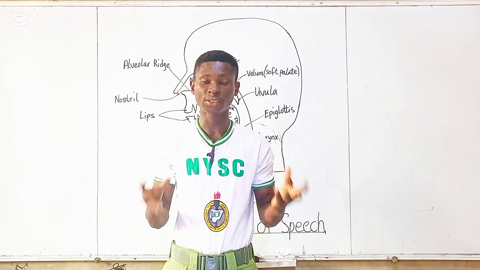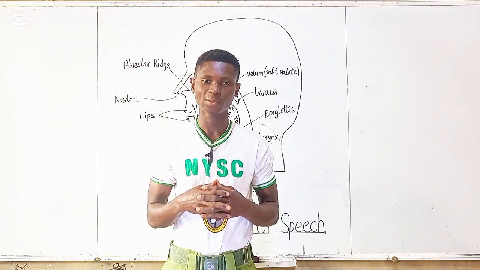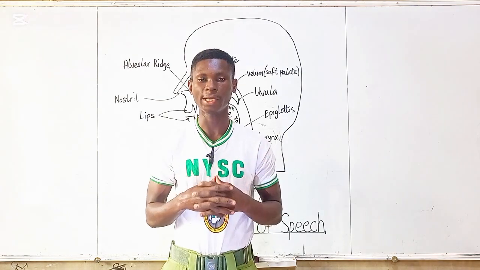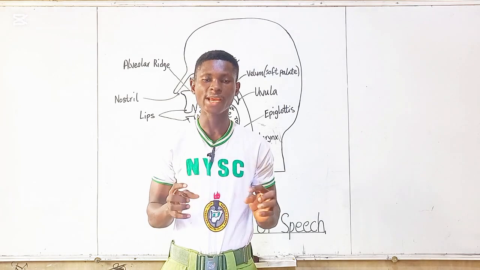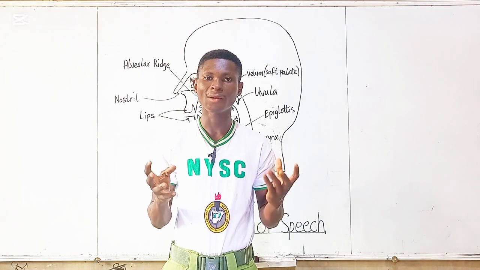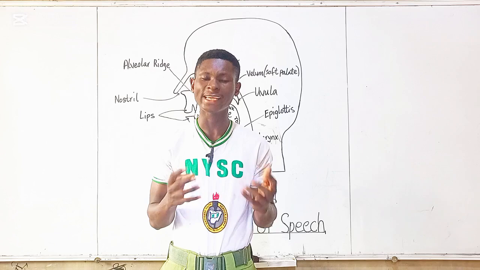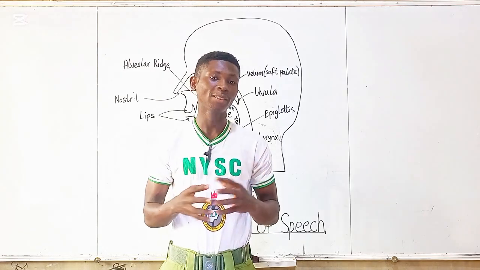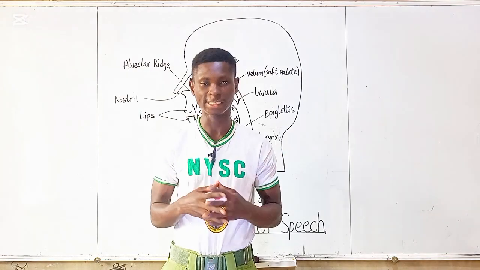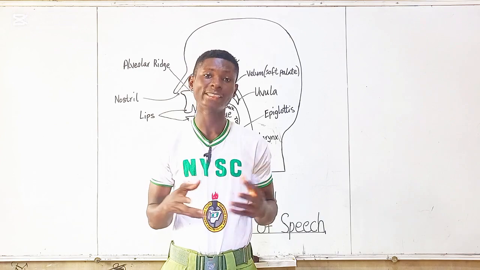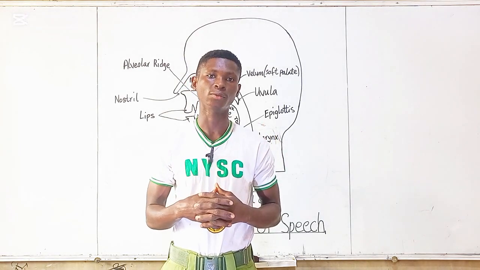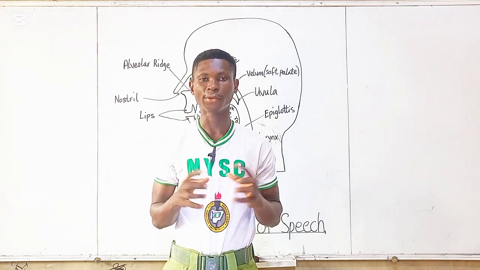The reason why some people find it hard to articulate or pronounce words correctly is because they have malfunctioned organs in the mouth. A typical example is a person who doesn't have complete dentition. There are certain sounds that person will not be able to articulate accurately.